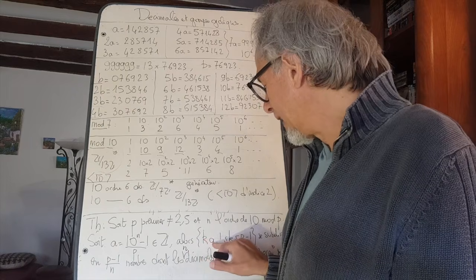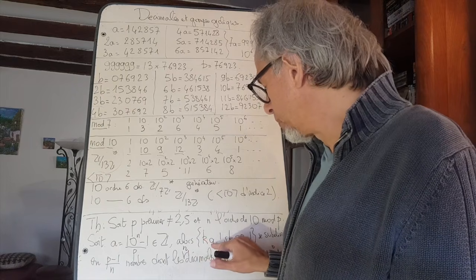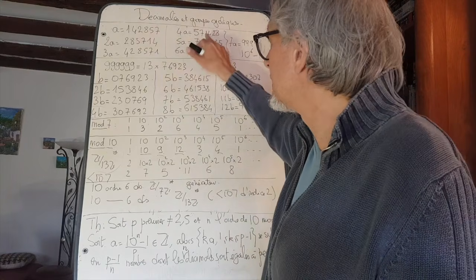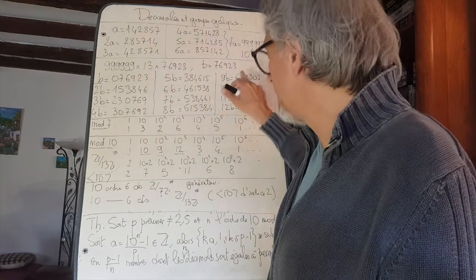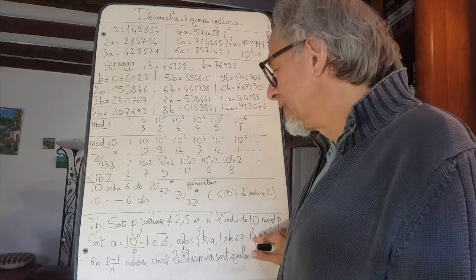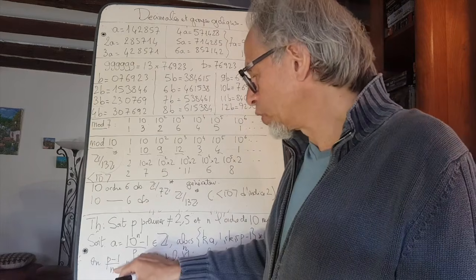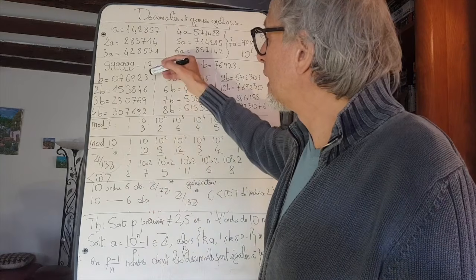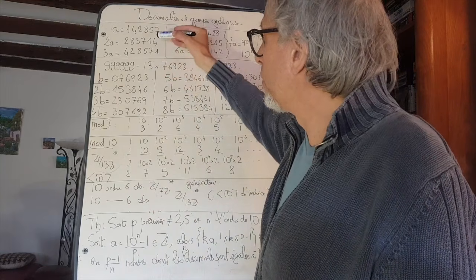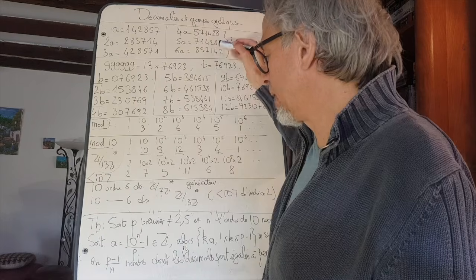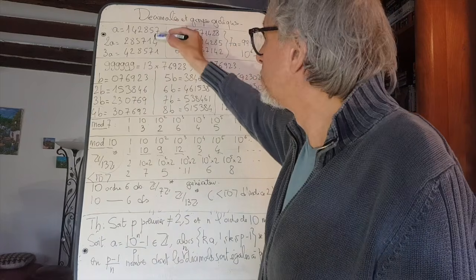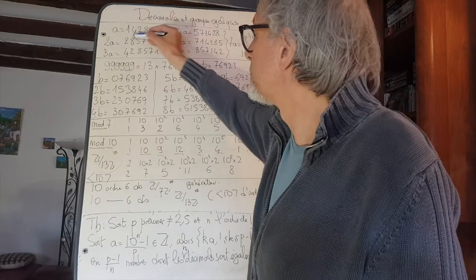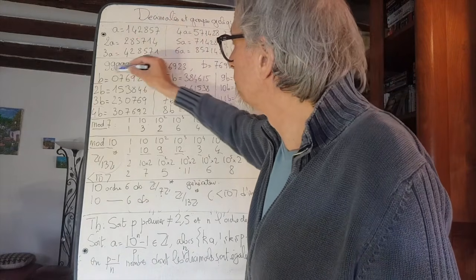So I look at all the multiples kA, for k ranging from 1 to P-1. That's what we did here. It subdivides into (P-1)/n classes. So here, for n equals 6, we're going to have 2.